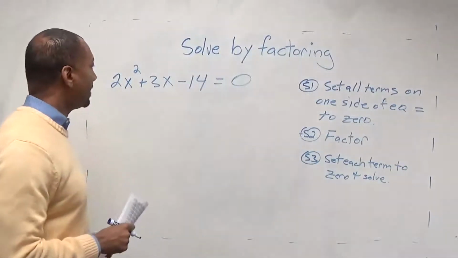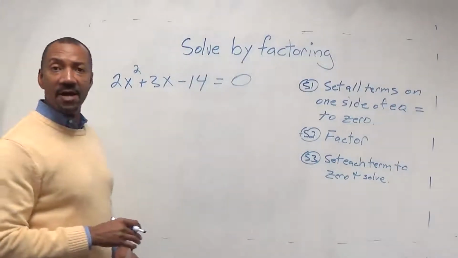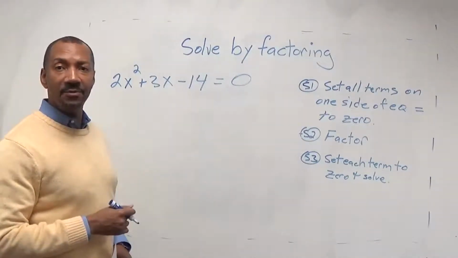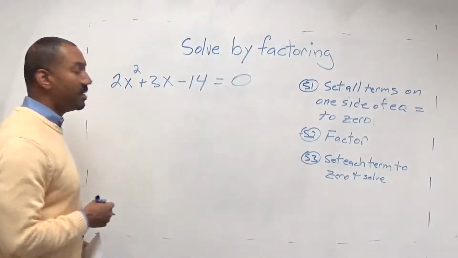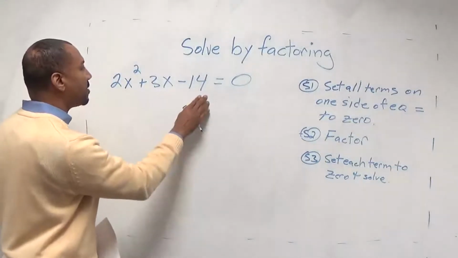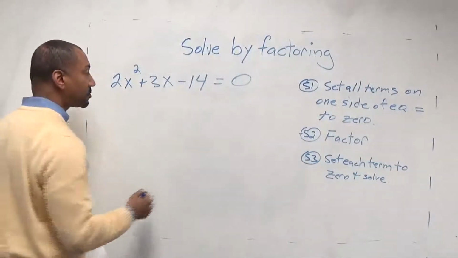Okay, let's see what we've got here. Fortunately for us, all terms are already on one side equal to 0, so we've already achieved step 1. Step 2, let's factor this side. I see 3 terms. That lets us know we're going to use product sum.